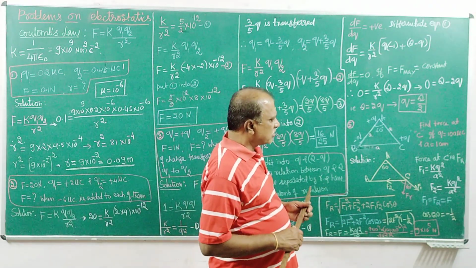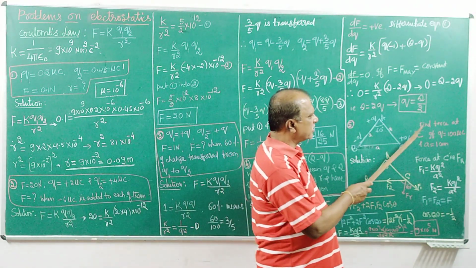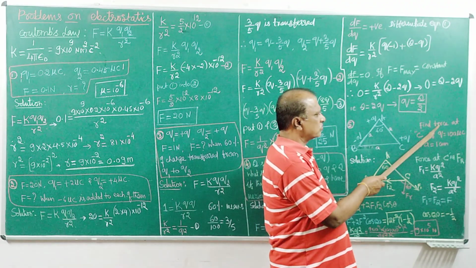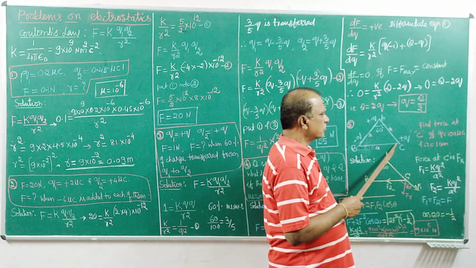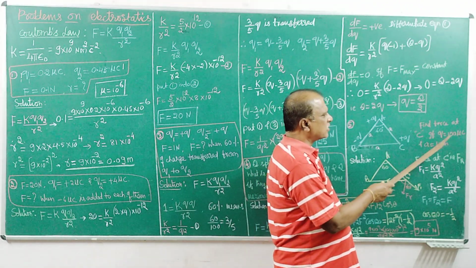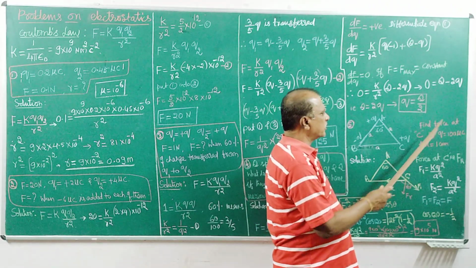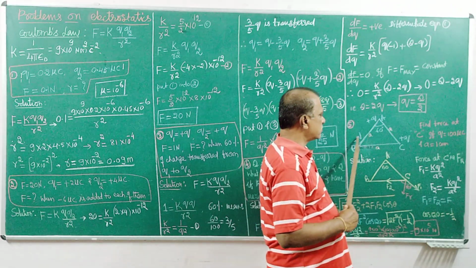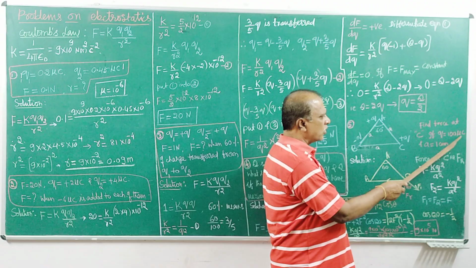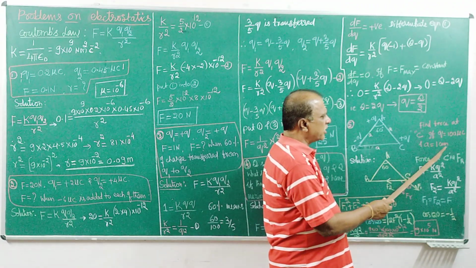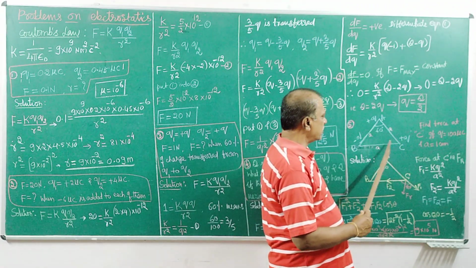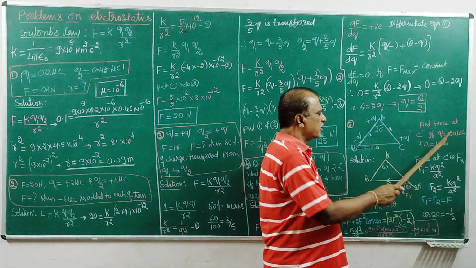The problem proceeds further here. Find the force at C if the charge is 100 microcoulomb, the same charge, and A is 1 centimeter, the distance of separation, that is, the sides are 1 centimeter.